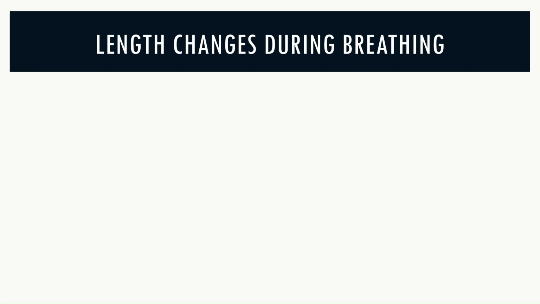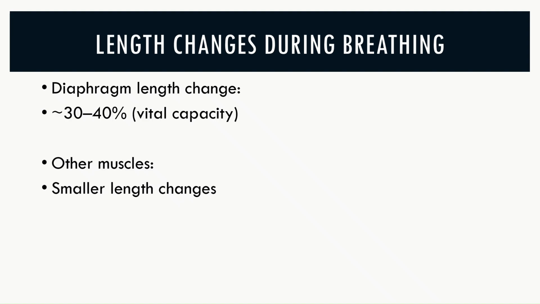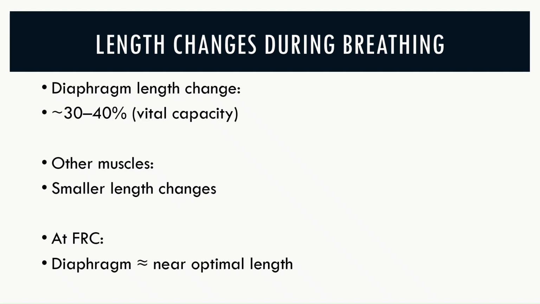Length changes during breathing. The diaphragm undergoes significant length changes of around 30 to 40% of vital capacity, whereas other respiratory muscles show smaller changes. At functional residual capacity, the diaphragm operates close to its optimal length for force generation.